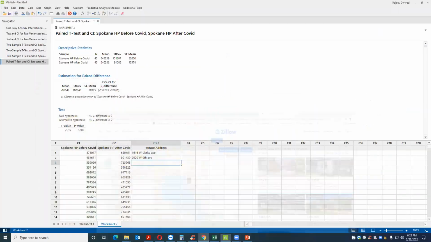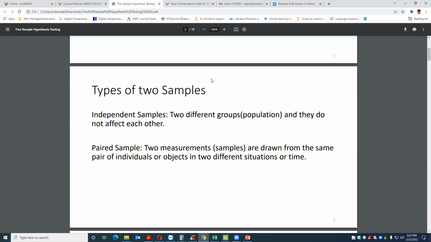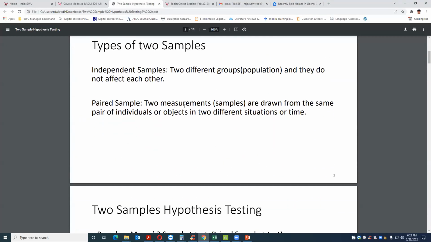Now let me share some slides. So here you can see there are two types of samples. Independent samples: two different groups, and they don't affect each other. Paired sample: two measurements are drawn from the same pair of individuals or objects in two different situations or times. So you have to check.